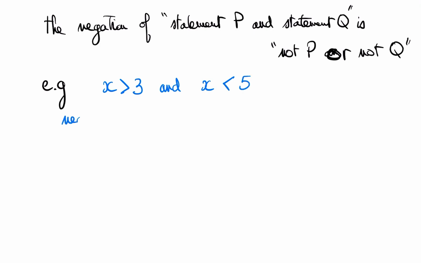Well, the negation is x less or equal to 3 or x greater or equal to 5.